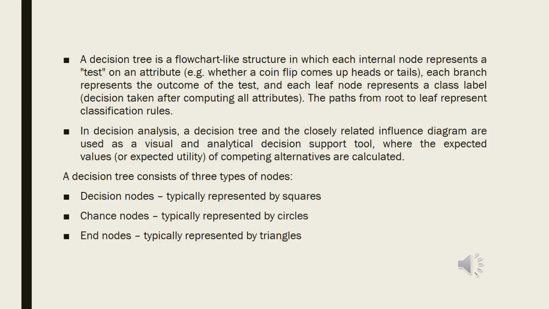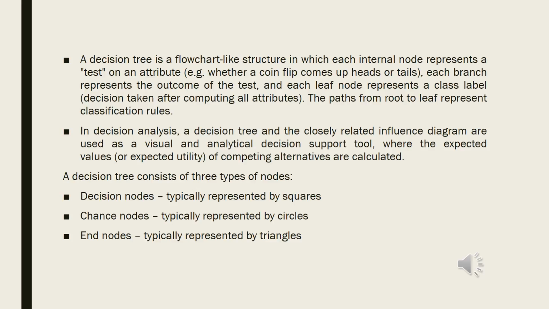In decision analysis, a decision tree and the closely related influence diagram are used as a visual analytic decision support tool, where the expected values or expected utility of competing alternatives are calculated.